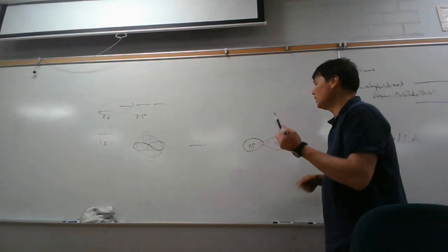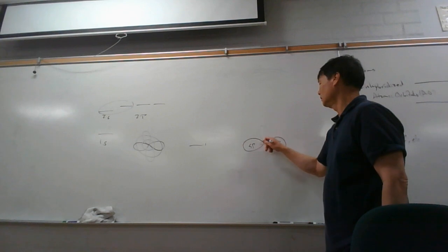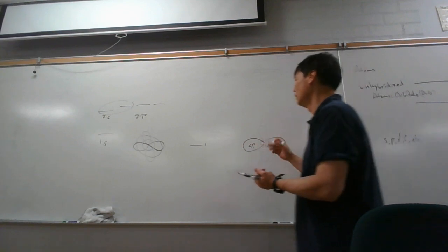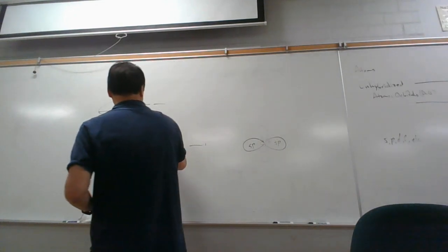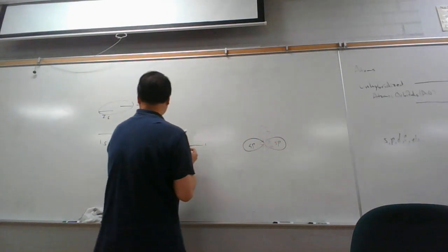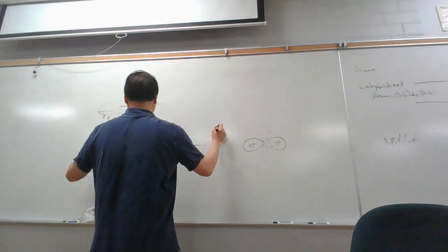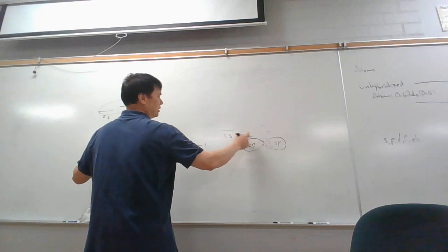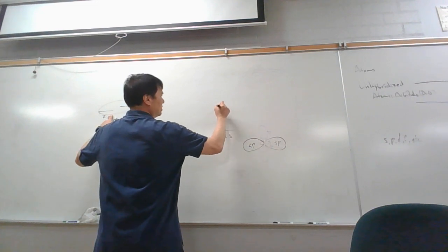The unhybridized p orbitals, so there'll be a p here and a p here, are not affected. So that's p, p. And when we draw the orbital energy level diagram, we'll have the 1s, which I didn't draw in here, but it's untouched.